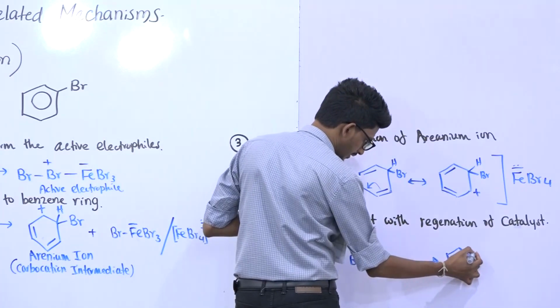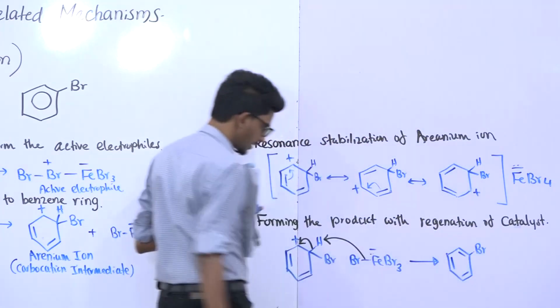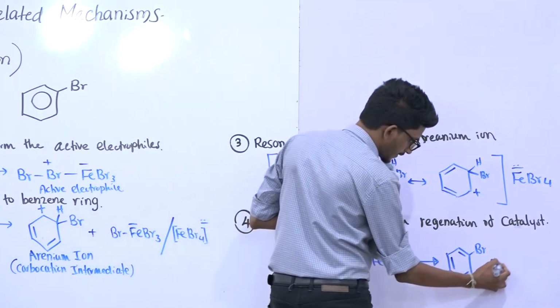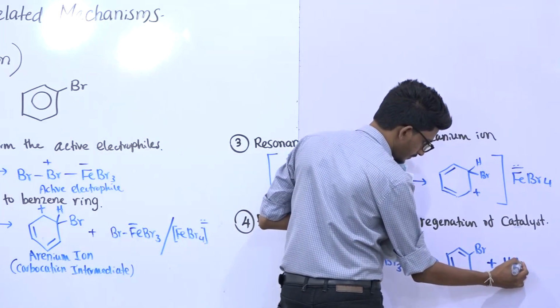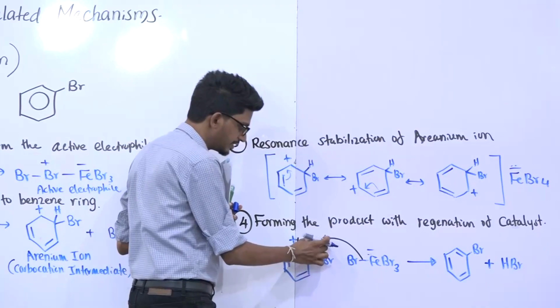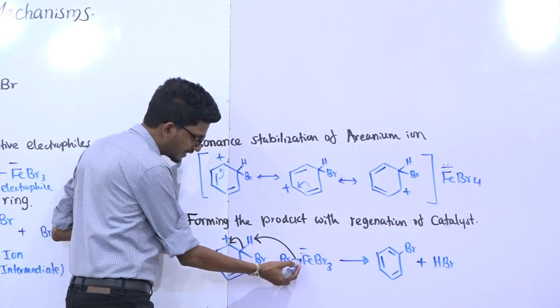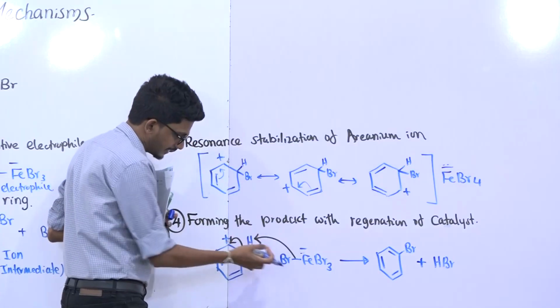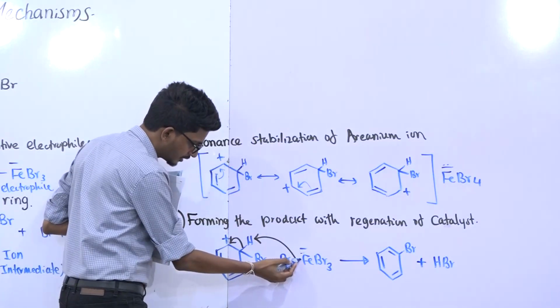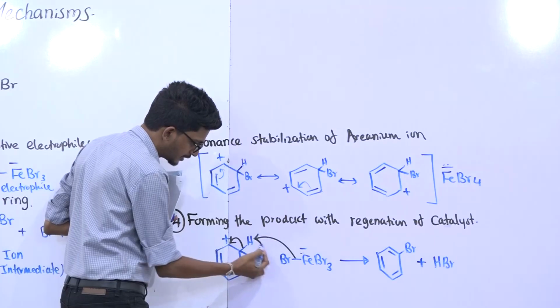So you will produce the product like this, and some HBr. This Br will be connected with this H, as this bromine is taking this electron towards the hydrogen. That is how the HBr bond will be formed.